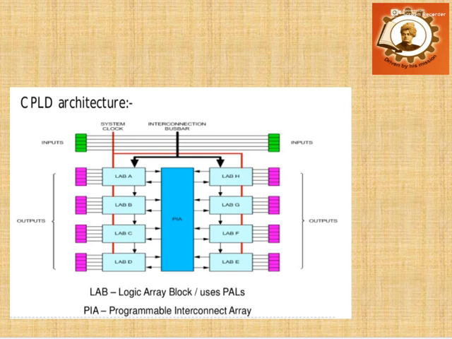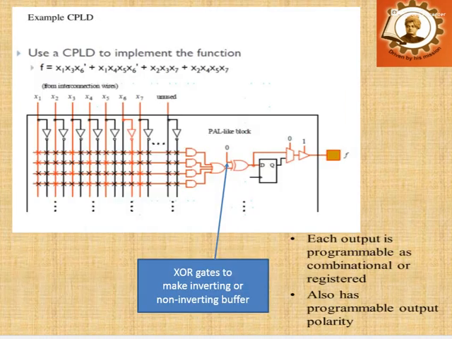This is one example of a CPLD implementation of a function. F is given and x1, x2, x3 up to x7 are the inputs, and this is your connection, and after this you have a PAL-like block here.